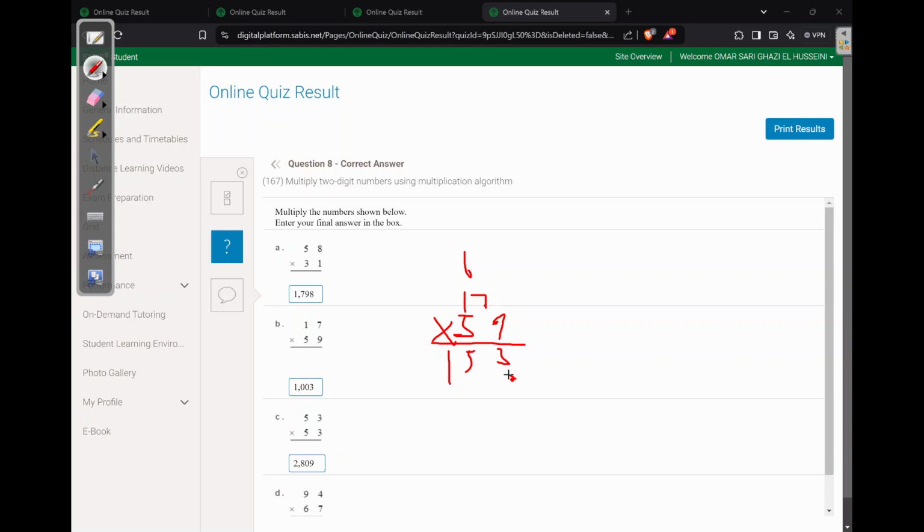Okay, now 0 here. Now 5 times 7 equals 35. 5 times 1 equals 5, and we add the 3 equals 8. Plus that. 1003.